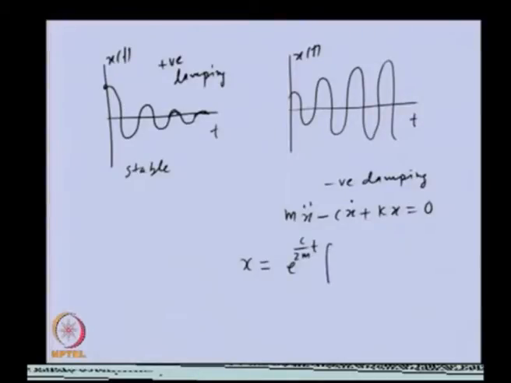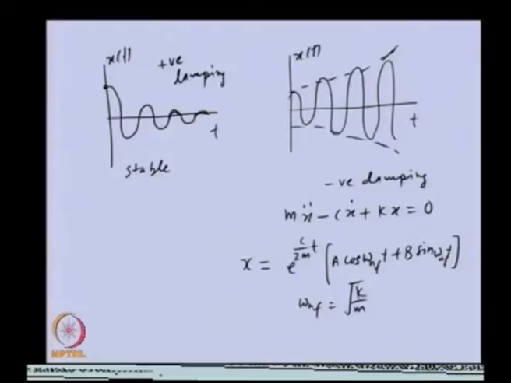This is the exponential part, and then the harmonic part is this one, where omega n is nothing but root k by m, the undamped natural frequency. So you can see that when this is negative, the exponential term will be exponentially increasing. So in this particular curve, this is the exponential function.